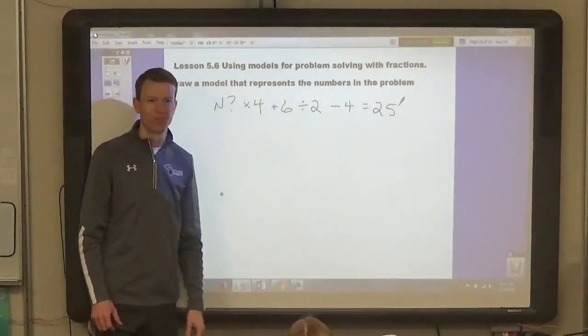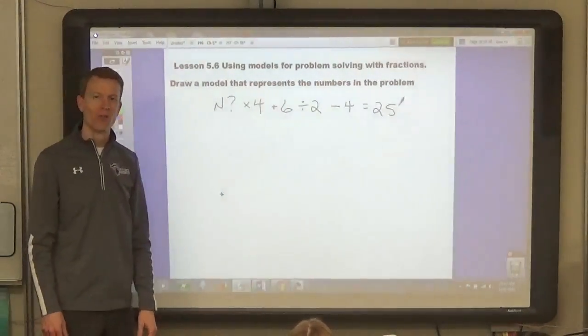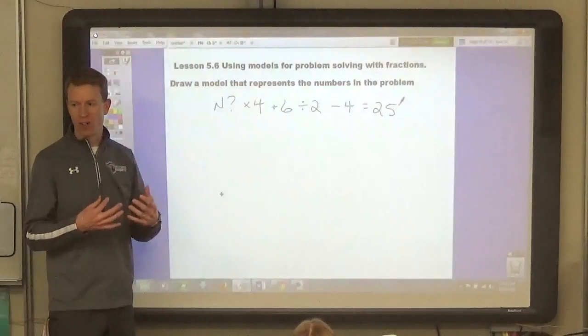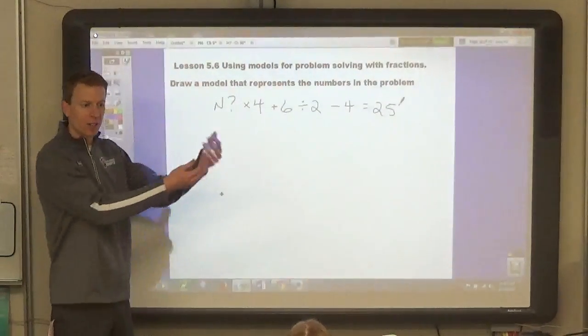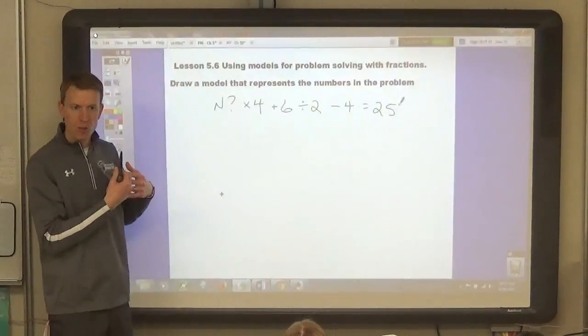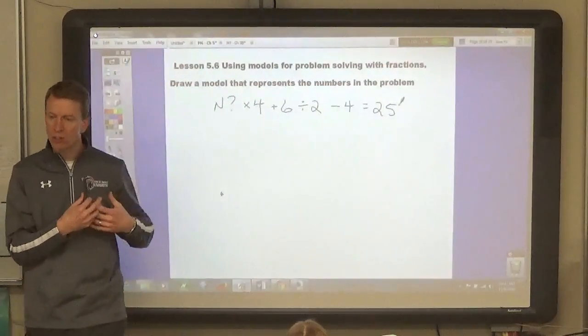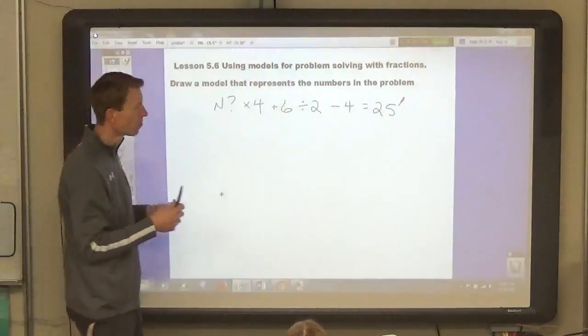Oh boy. That's not going to work, so if we try 2 or 10, you could guess and check, but you can also work backwards. And working backwards is a good strategy to use sometimes. Okay?